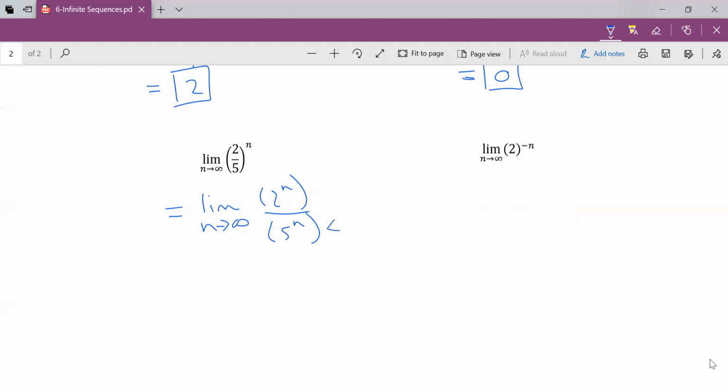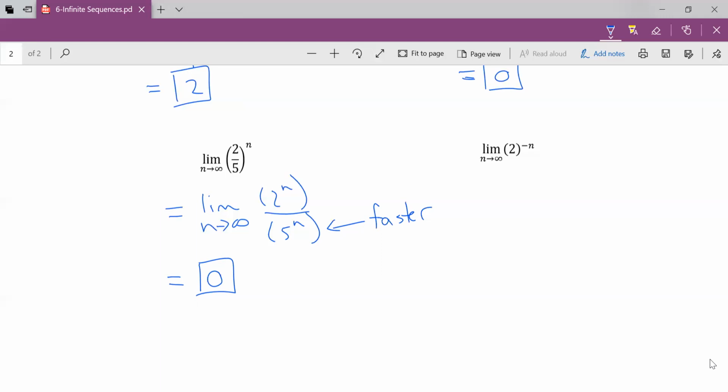Well, the denominator is going to grow faster than the numerator. So the bottom is going to get bigger faster than the top. And when the denominator is growing that much faster than the top, as we go to infinity, our limit will go to 0.